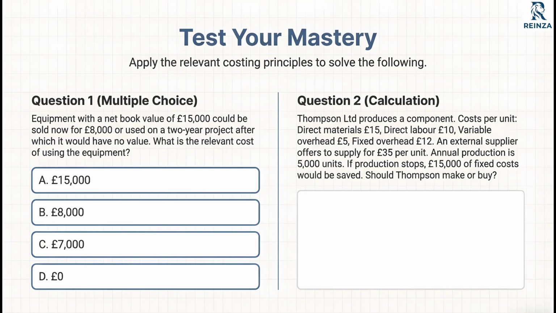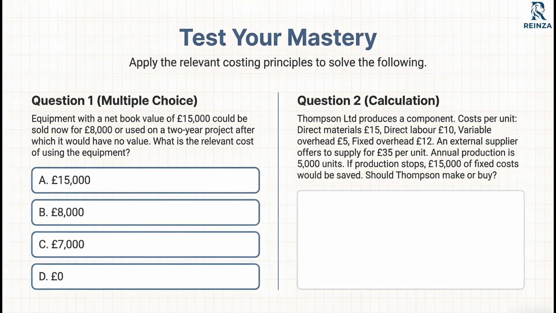Your options are A. £15,000, B. £8,000, C. £7,000, D. £0. Take a moment to think about this. Which cost passes the FIC test? Is net book value a cash flow?